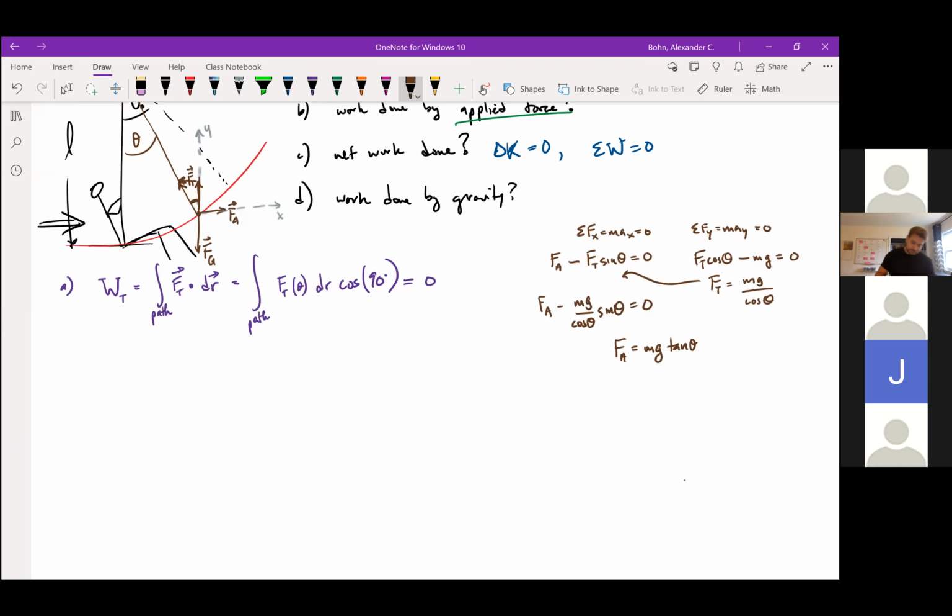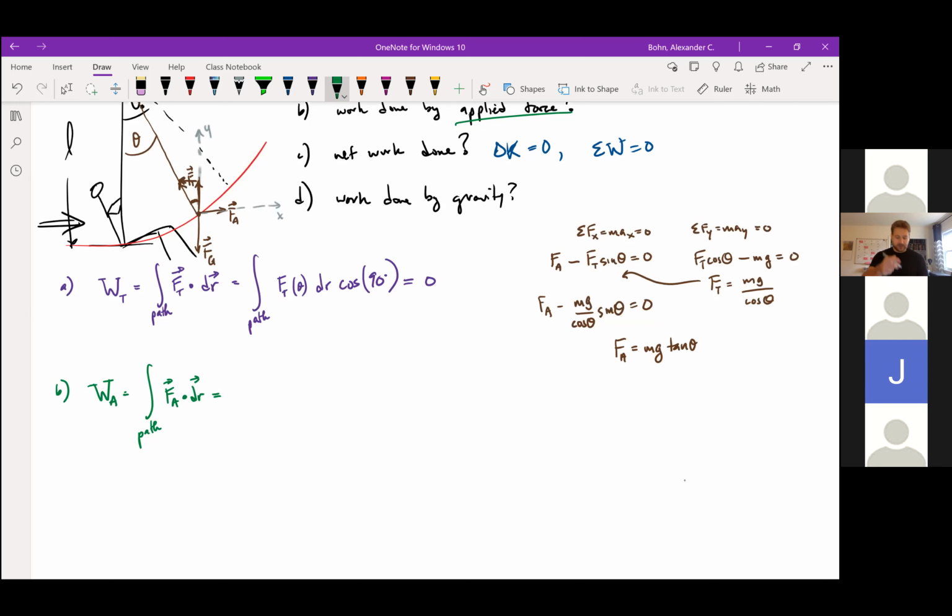Okay. The work done by the applied force, the integral over the path of the applied force dot the displacement. We know the magnitude of the applied force.